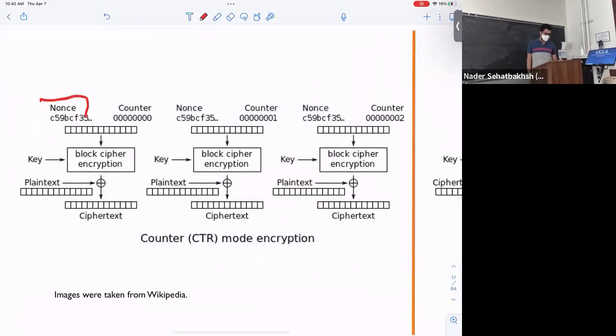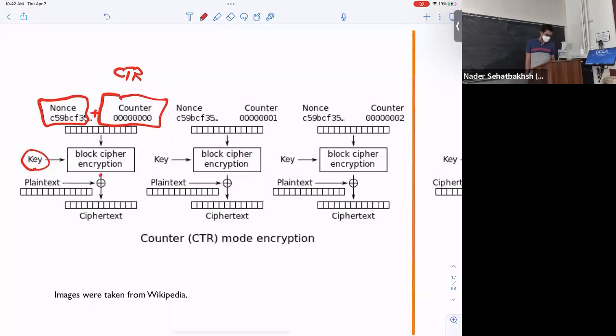So we start with the nonce, and we start with using some counter, call it counter. Initially, we're going to start with 0, and then the nonce, as I said, is just a random value, right? So what we're going to do is first do the nonce plus the counter, the IV plus the counter, and using our key, we're going to encrypt this value, all right?